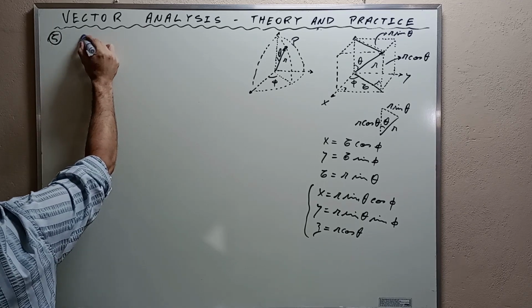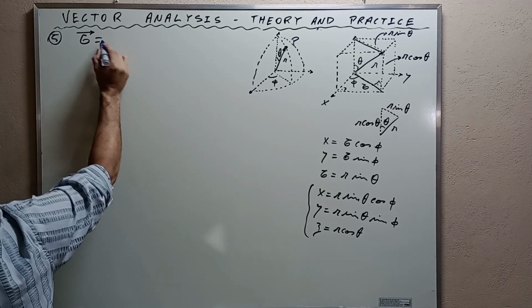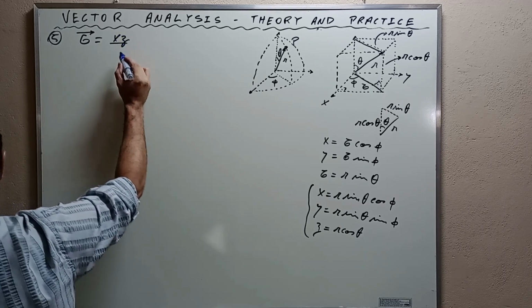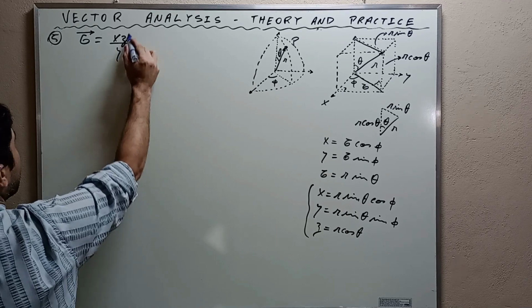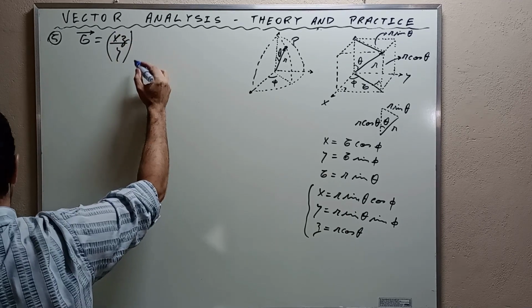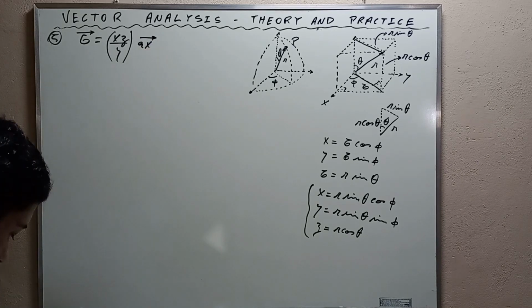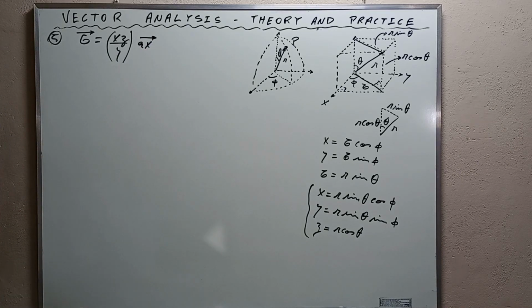Given a vector field expressed in this way, in the x direction, transform this vector field from Cartesian to spherical coordinates.